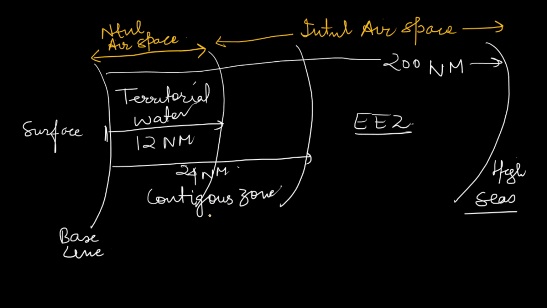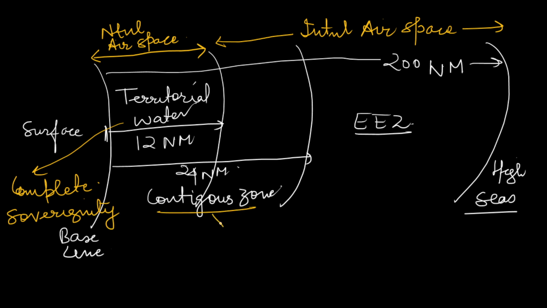In territorial waters, we have complete sovereignty of the country. In the contiguous zone, from 12 to 24 nautical miles, we have limited sovereignty, that is, we can't stop innocent passage.